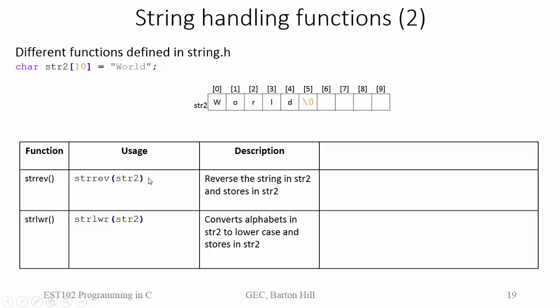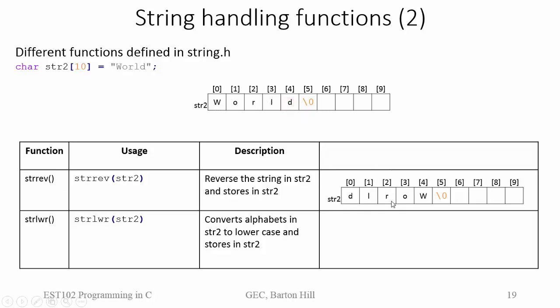What it does is that it reverses the string in str2 and stores it back in str2. Okay, so it will just reverse this string. Everything before the null character will be reversed. So d will come here, then l will come here, and r will stay here, then o will come here, and w will come here. Okay, so this is how str2 will be after the strrev function is performed.